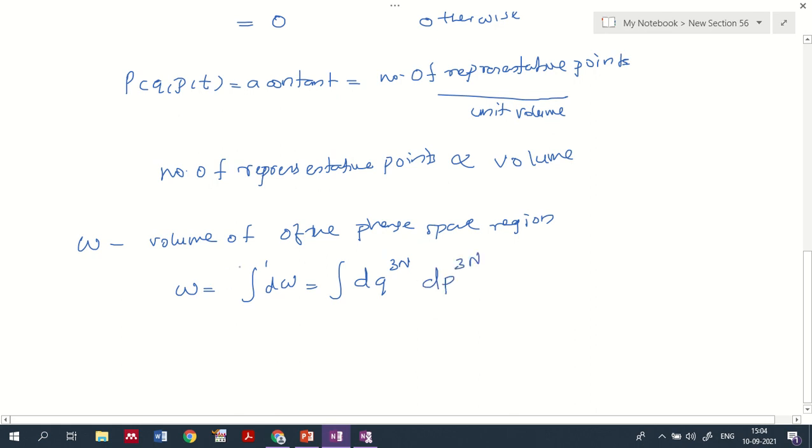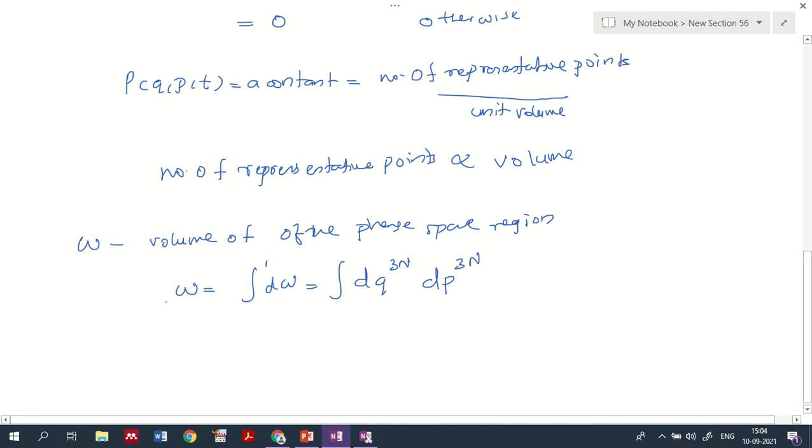Taking the integration gives the volume of the phase space region containing the representative points, that is, only in that particular interval region.